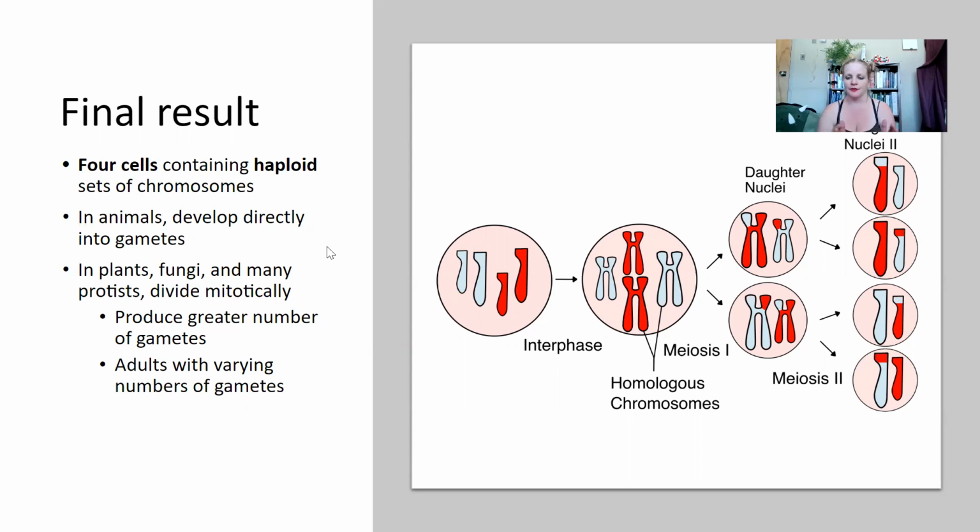Takeaway of meiosis: sexual reproduction, 4 cells genetically distinct from each other and from their parent. Haploid. Those are the things that you need to know about meiosis.